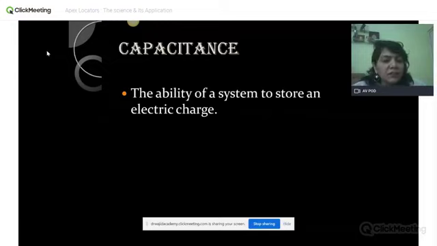Capacitance. This is another terminology which you'll frequently encounter when you come across the more recent generations of Apex Locators. Basically, it is nothing but reserve electrical energy which is stored. So there is some kind of potential reserve energy which is, in certain areas, which you will also observe in your root canals.